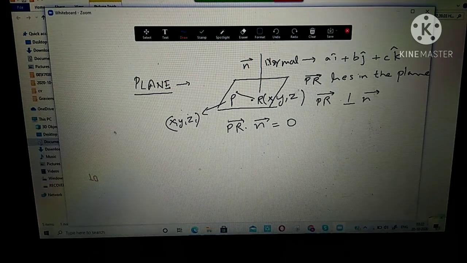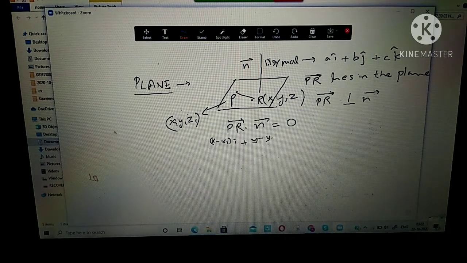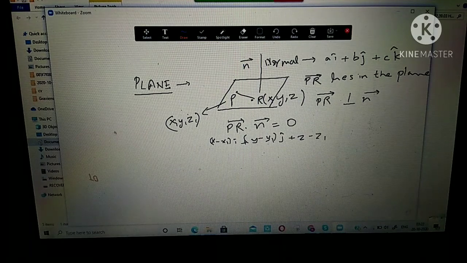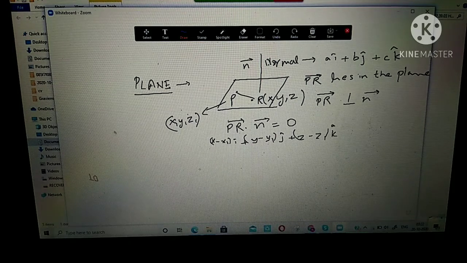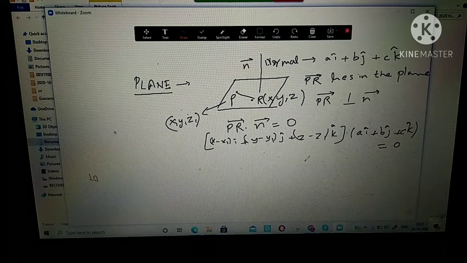PR vector we can write by subtracting the position vector of P from the position vector of R. So x minus x1 i cap plus y minus y1 j cap plus z minus z1 k cap. This is the PR vector, dot n vector, which is a i cap plus b j cap plus c k cap, equal to 0.